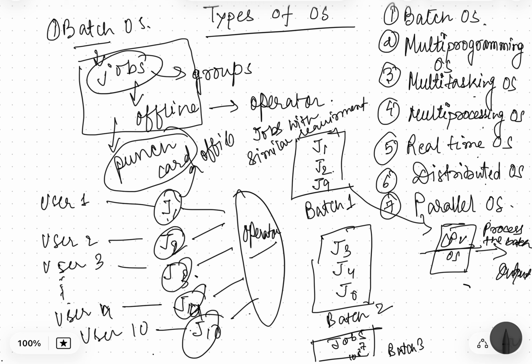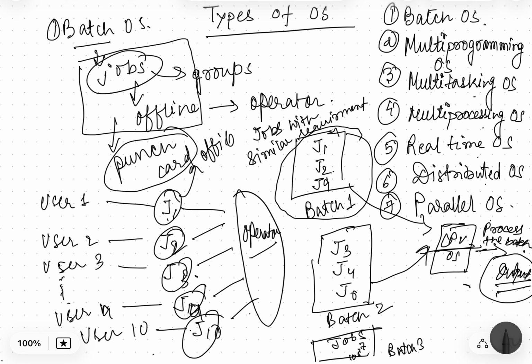After the completion of execution of one batch by the OS and getting the output, the second batch can be given to the OS for again processing and giving the output. That means one batch was given at a time to the CPU or the OS to process that batch and give you the output.